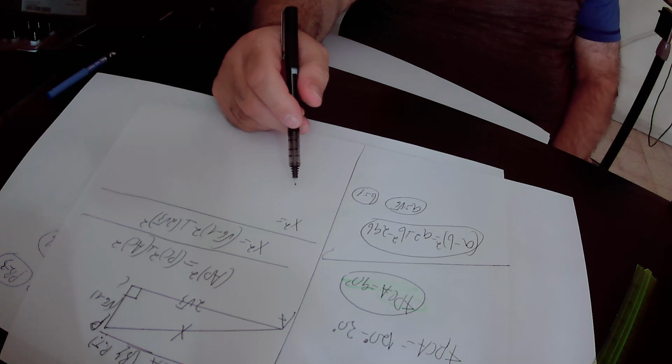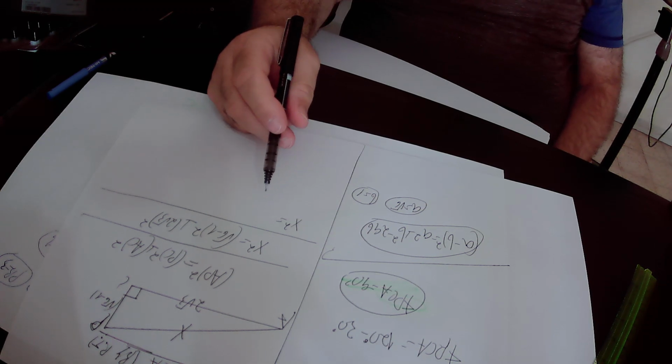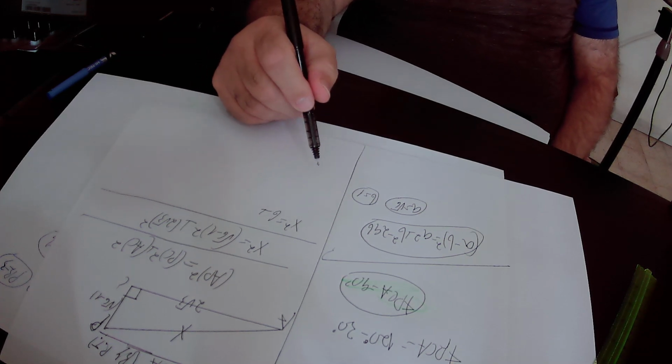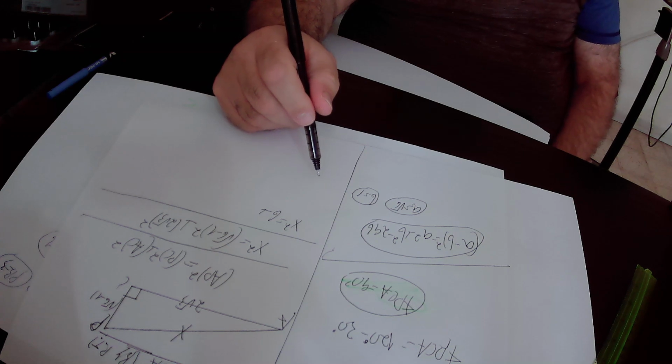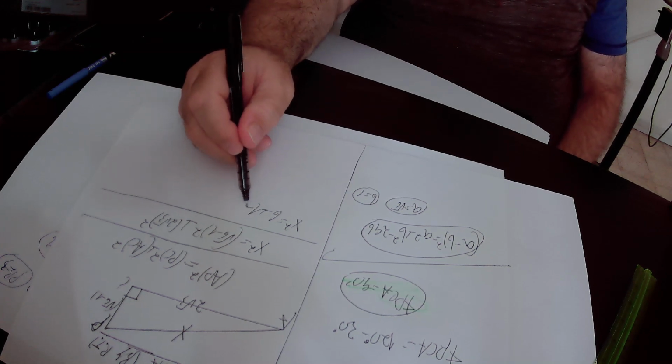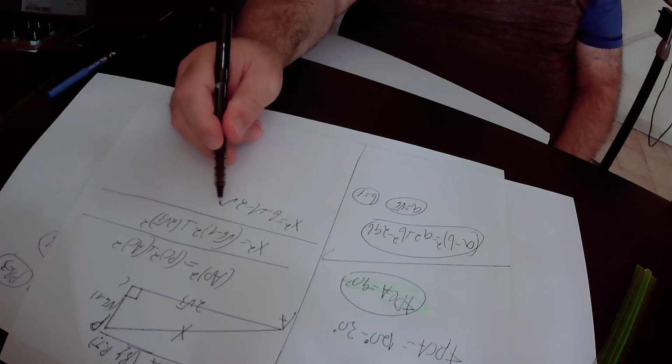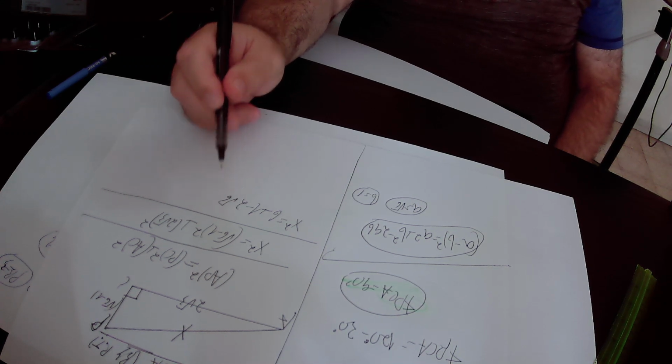A is the square root of 6, therefore A squared is 6, plus B squared. B is 1, so B squared is 1, minus 2 times A, which is the square root of 6 units, times 1.